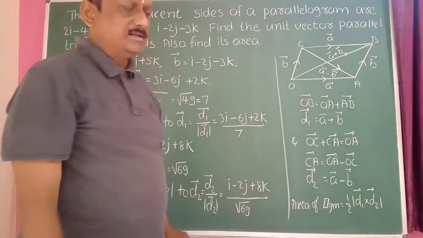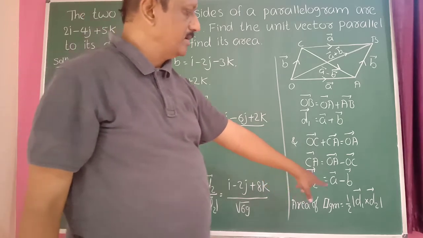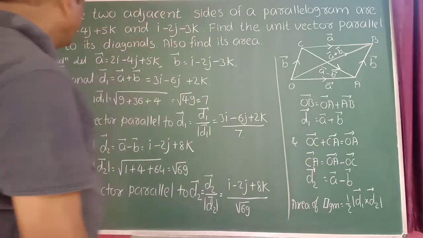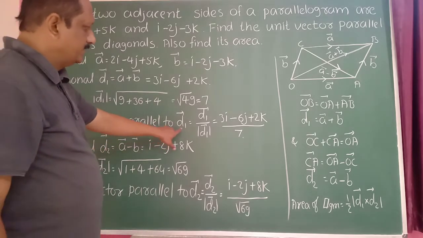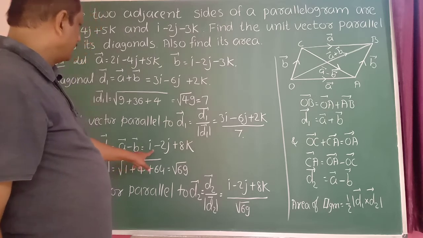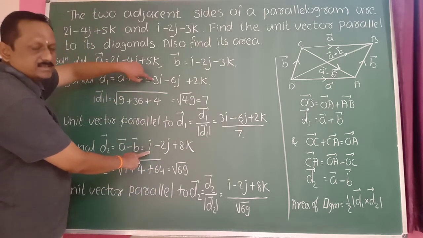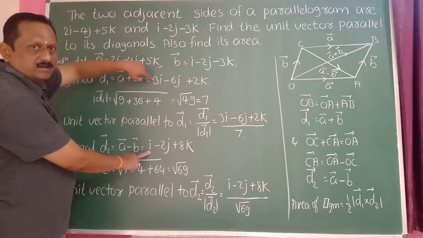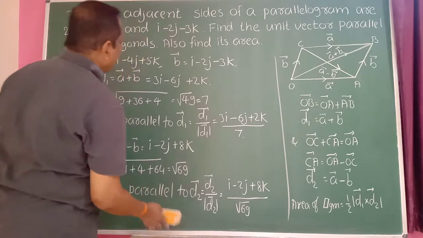If you know the diagonals, this is the formula: 1 by 2 into modulus of D1 cross D2, where D1 is this vector and D2 is this vector. These are diagonals of a parallelogram, and then you can find its area.